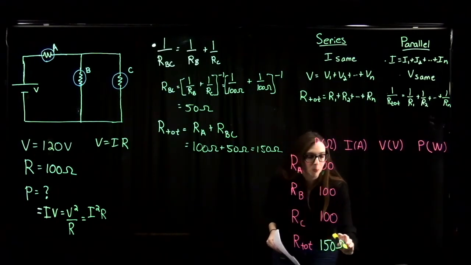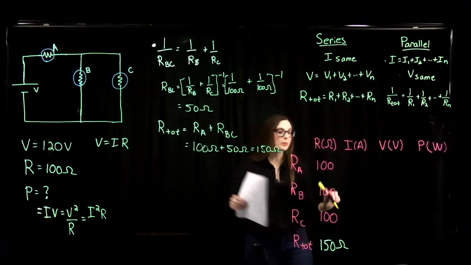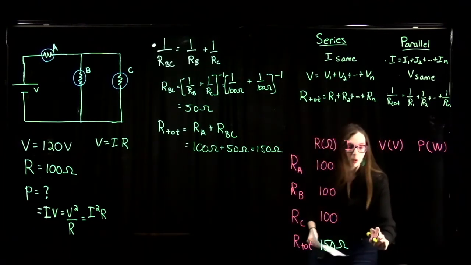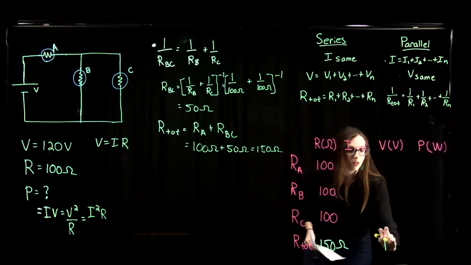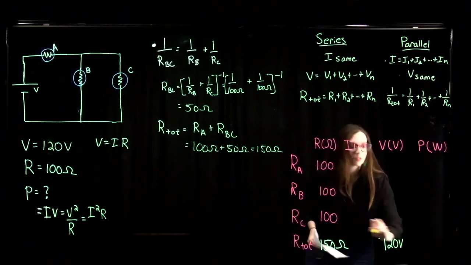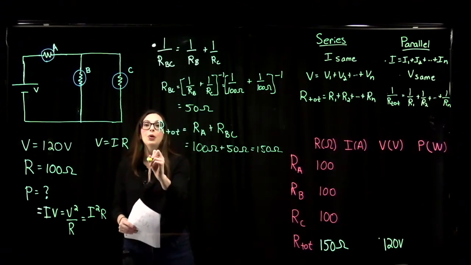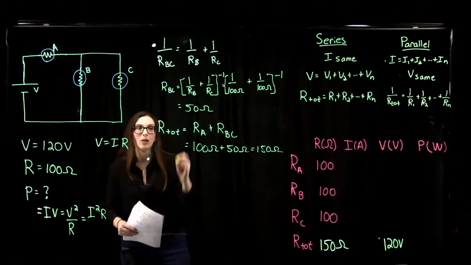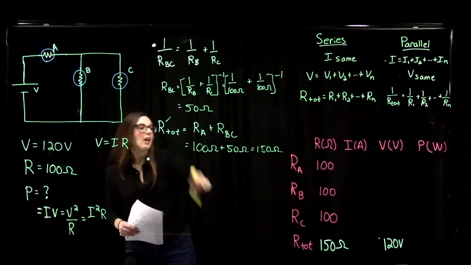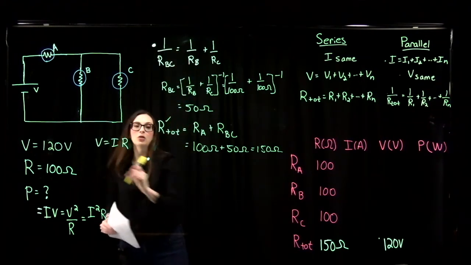So the total resistance of my circuit here is 150 ohms. And my whole circuit is being supplied with 120 volts of potential. Now I can go ahead and find the total current running through my circuit because I've got the total resistance and I know the total potential.